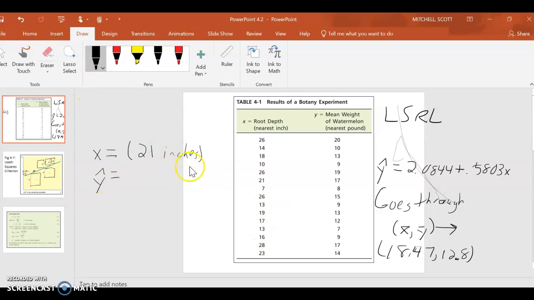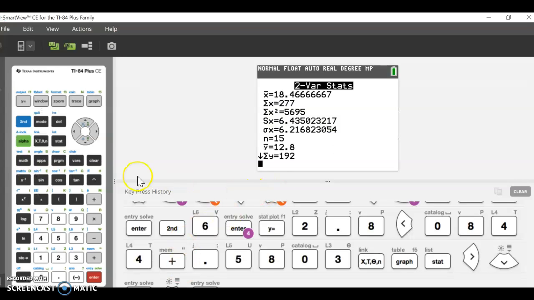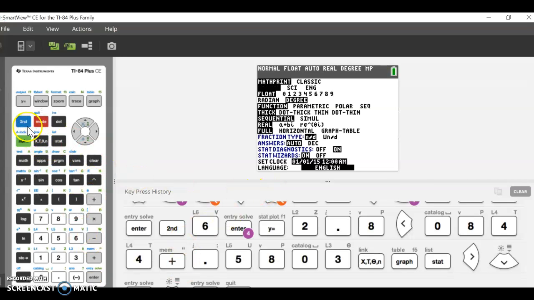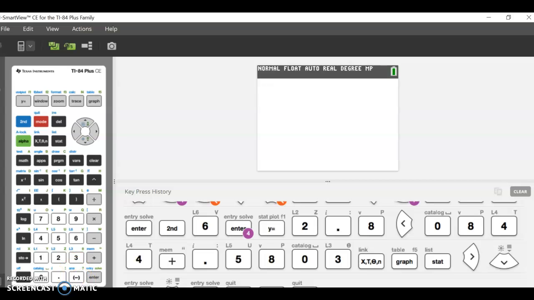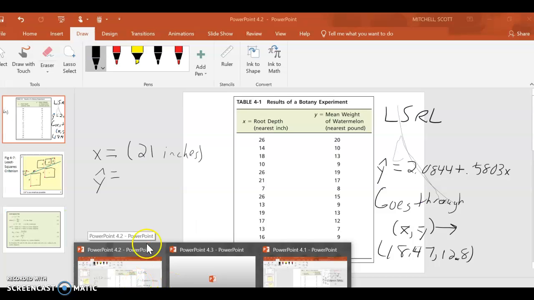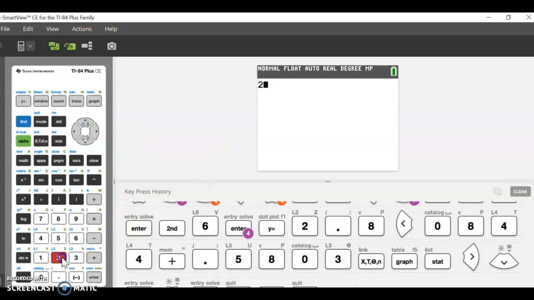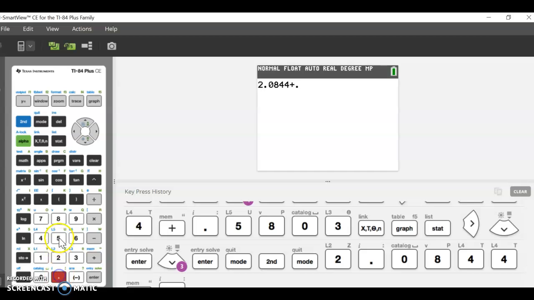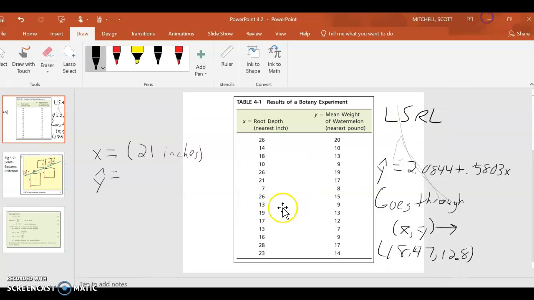So what you would do is plug 21 into your equation. So let's go back to our calculator. What was it again? 2.0844 plus 0.5803 times 21.